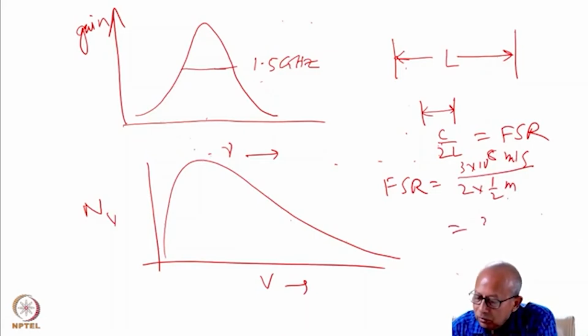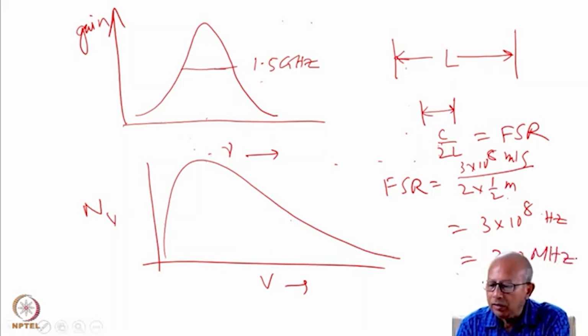So this is equal to 3 into 10 to the power 8 hertz, that is 300 megahertz. So 300 megahertz is the free spectral spacing between two cavity modes.